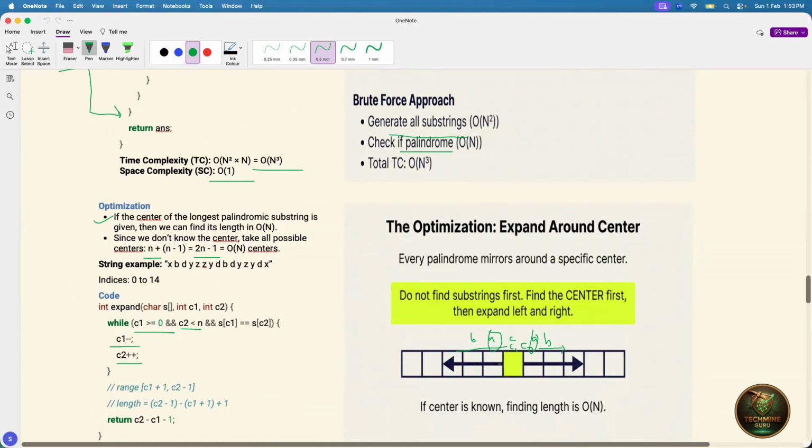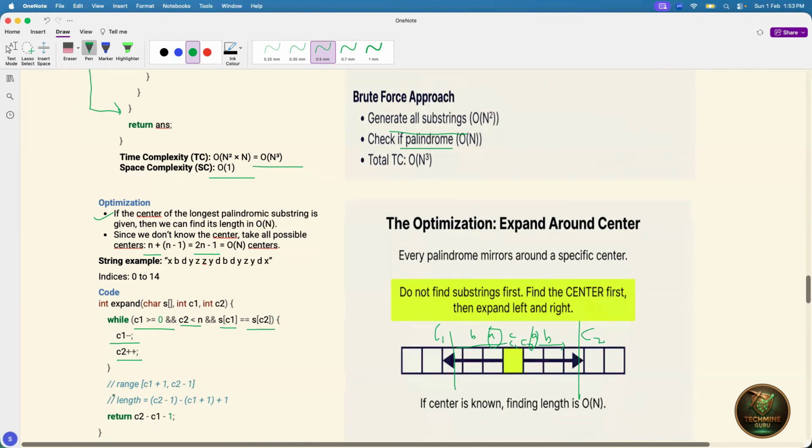So how do we know whether we are out of the palindromic substring or not? When C1 comes here and C2 comes here, and we know that S of C1 is not equal to S of C2, that means we have gone past the palindromic substring. So the range will be C1 plus 1 to C2 minus 1, right?